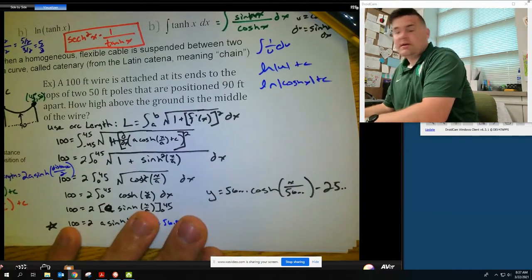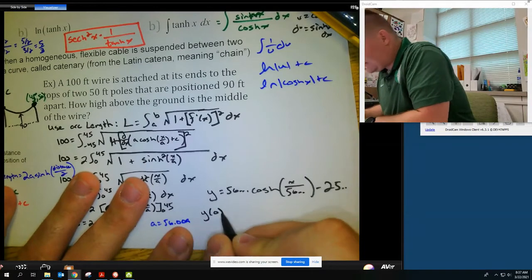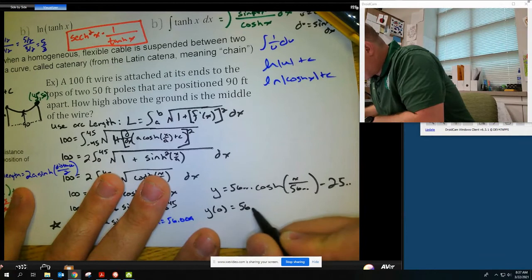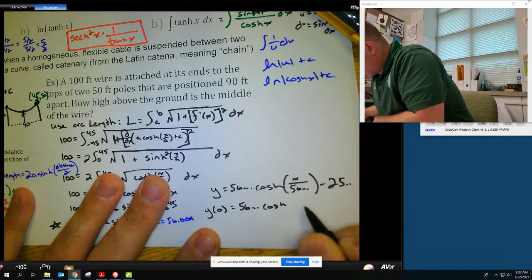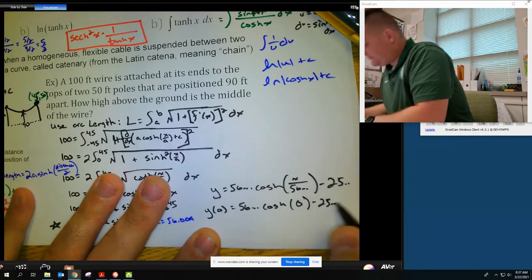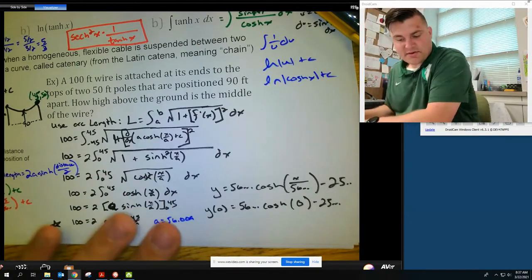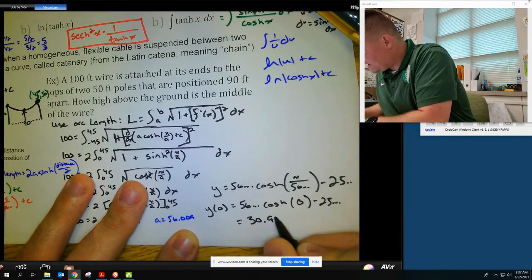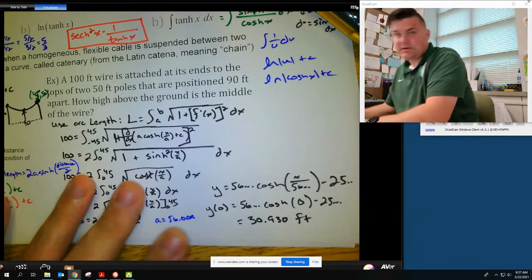And now y of 0 is going to give me this height right here. So it's going to be 56 cosh of 0 minus 25. And then let's say I type that in my calculator. It's going to be 30.930 feet above the ground.